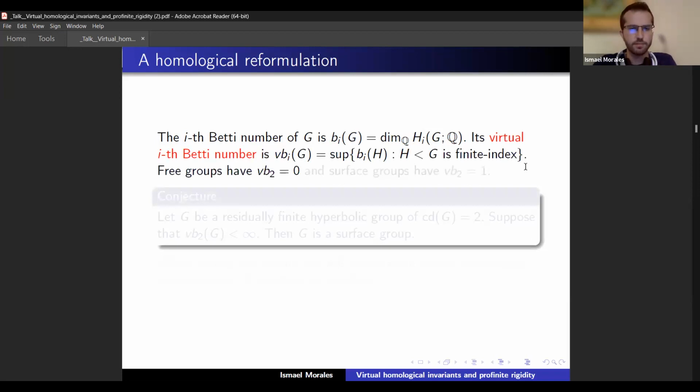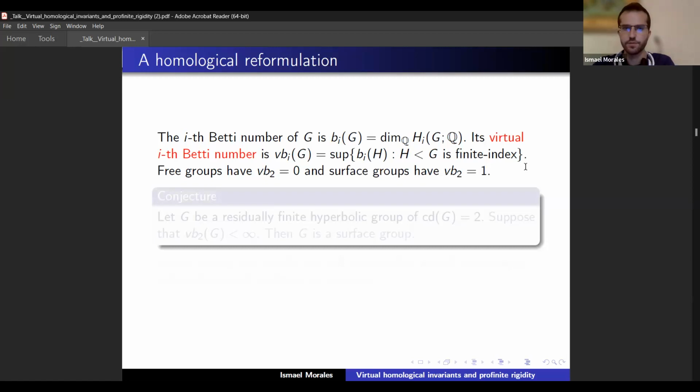Just observe that finite index subgroups of free groups are again free. So the virtual second betti number of a free group is 0. And for similar reasons, finite index subgroups of a surface group are again surface groups.